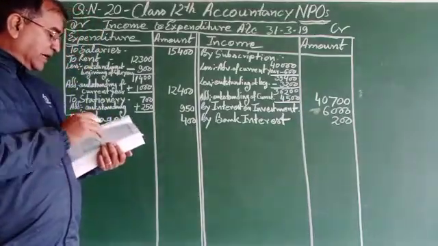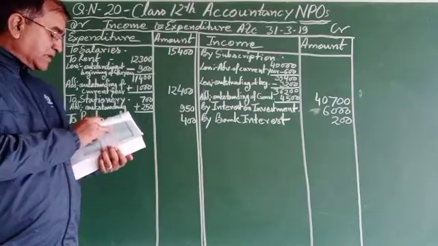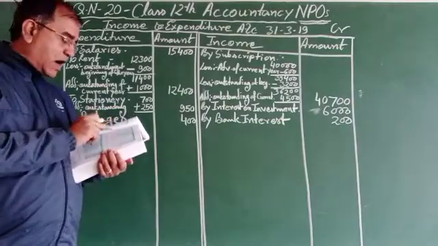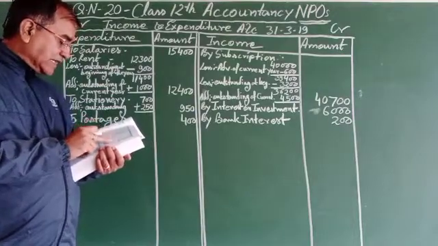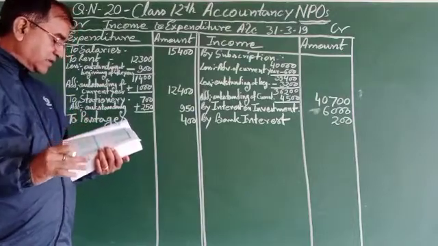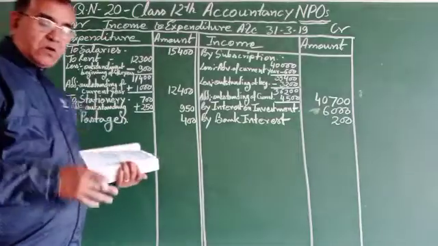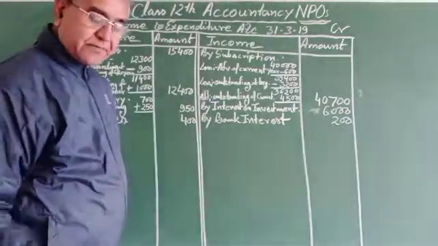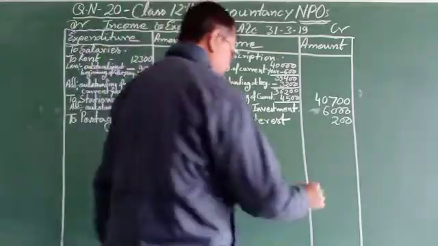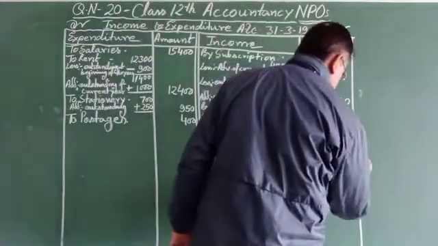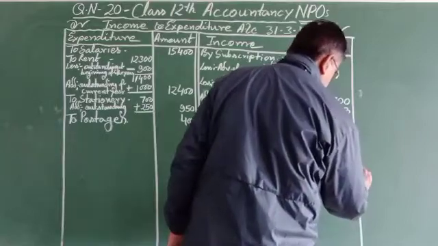Now see over here the additional information: subscription also adjusted, rent also adjusted, and stationery adjusted. Just we have to total. Excess of income over expenditure, we have to calculate just this way.